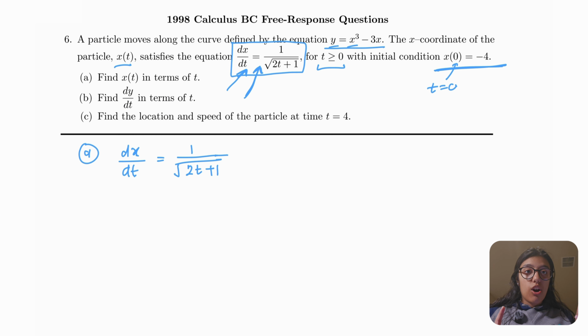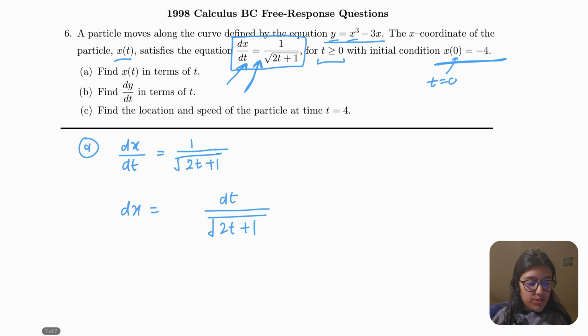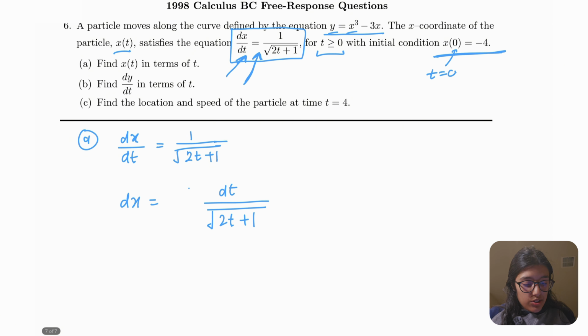Also, I want to make sure that dx and dt are both in the numerator, because only then can we really take an integral, right? So I am going to shift dt to the other side, so I'm left with dx. I'm going to write that a bit lower. dx is equal to dt over the square root of 2t plus 1. There we go, 2t plus 1. Now we are going to integrate both sides right over here.